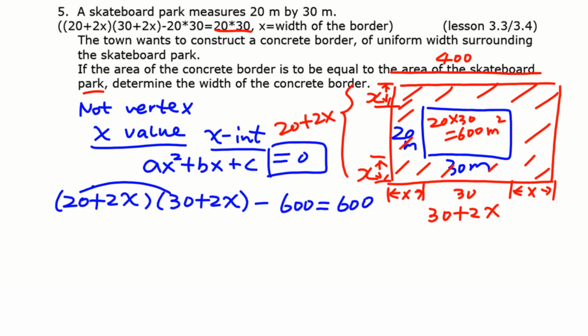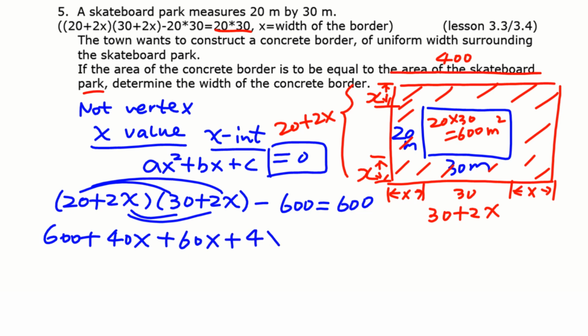You could use a box, or you could do the distribution. First term in the first bracket times each term in the second bracket. Second term in the first bracket times each term in the second bracket. Then minus 600 equals 0.